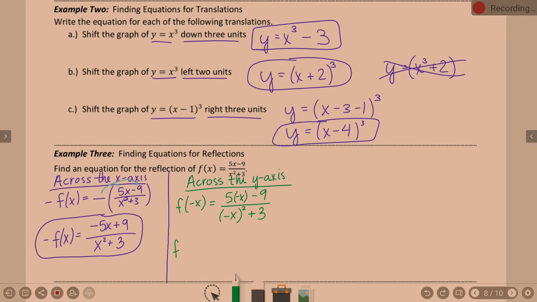So I have this as negative 5x minus 9 over x squared plus 3. So reflection across the y-axis: every regular x term changes signs. It's like 5x changed to negative 5x. Squares aren't going to be affected.